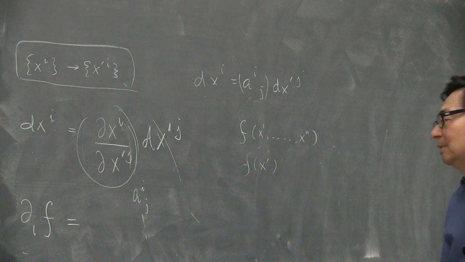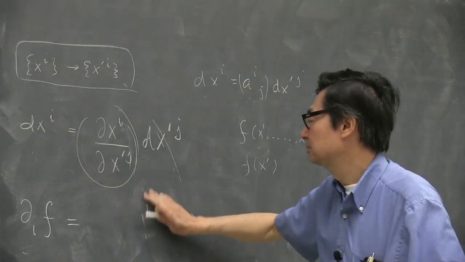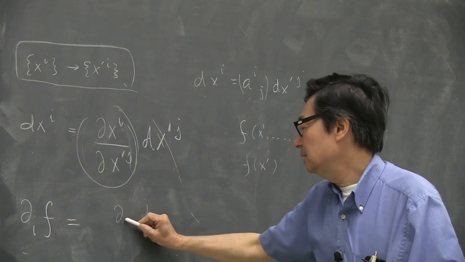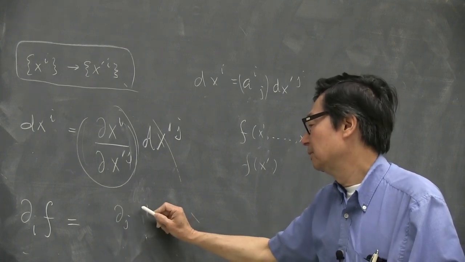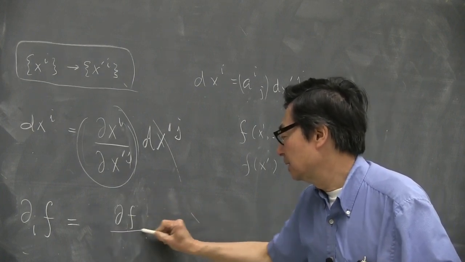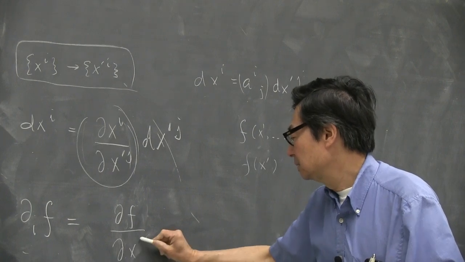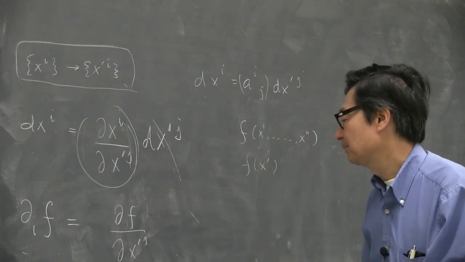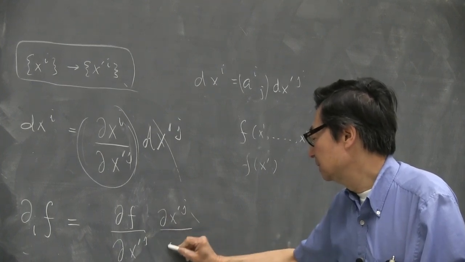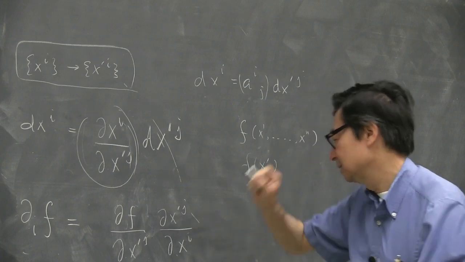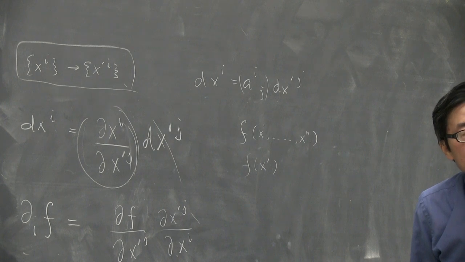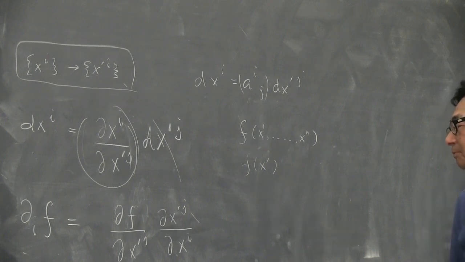And so how do I do that derivative? I do that by chain rule, which is df dx prime j times dx prime j dxi, summed over j. This is just the chain rule in partial differentiation.